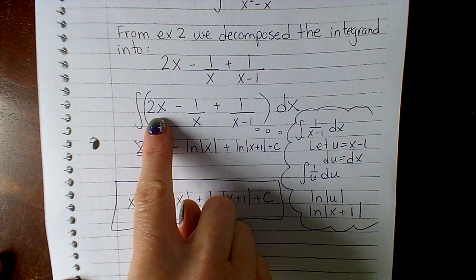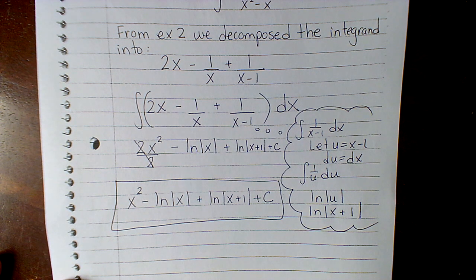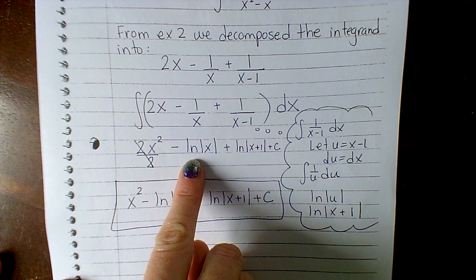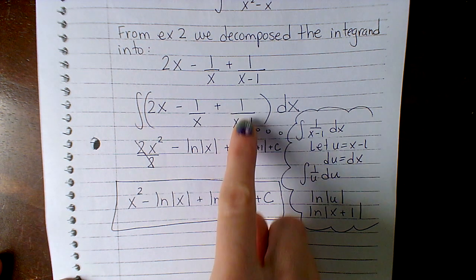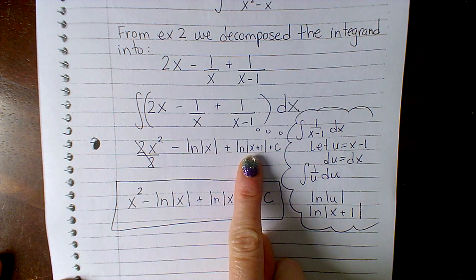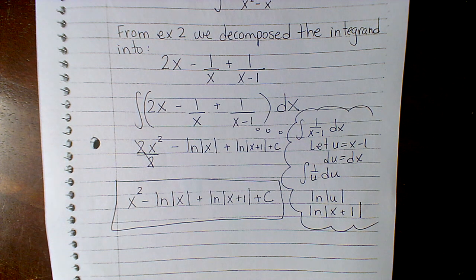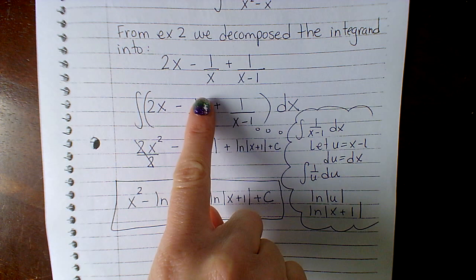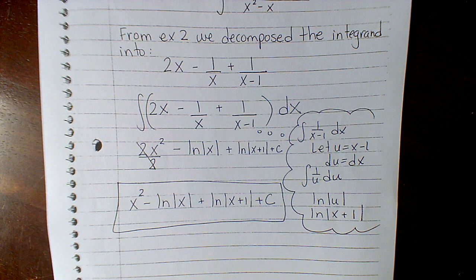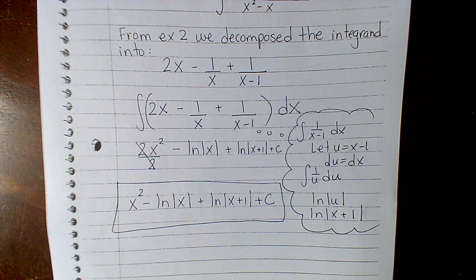Okay, well, integrating 2x, no big deal. Integrating this minus 1 over x, no big deal. Integrating this one is probably the most challenging because we just need a quick little substitution, and maybe you don't even need that substitution. You could even just do that one in your head. So decomposing that helped us to integrate this into smaller, nicer chunks.